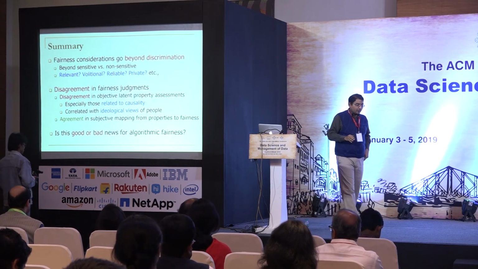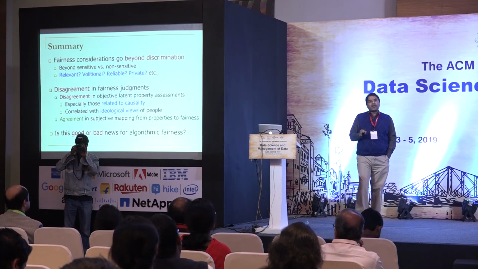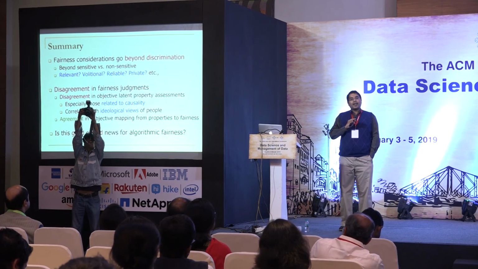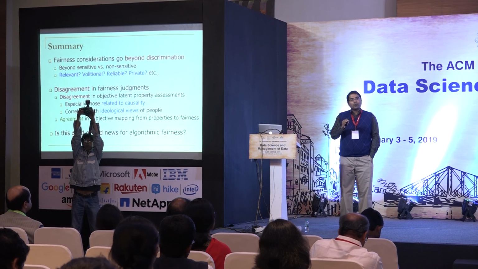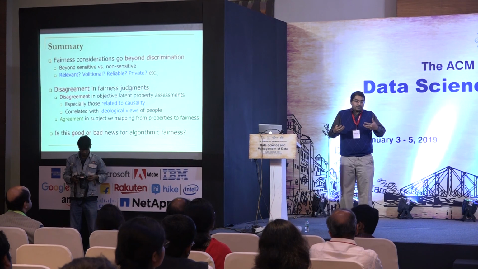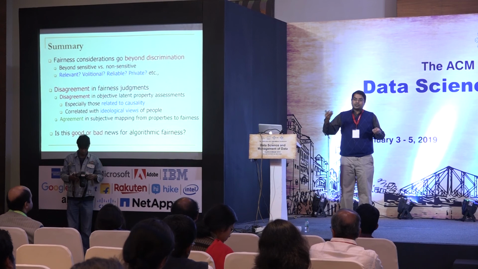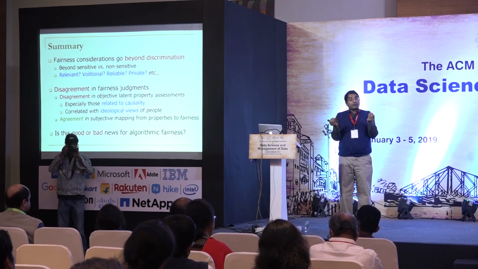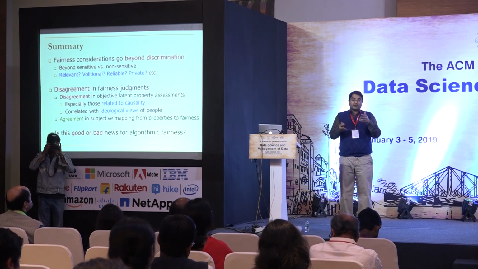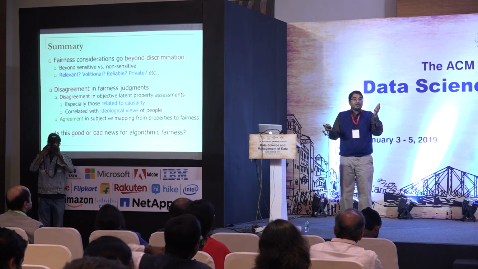Now, I'm going to conclude with just a comment on whether this is good or bad news for algorithmic fairness. And I'm still confused about how to interpret this. In one sense, it is good news because what we thought might have been subjective moral reasoning, meaning two different people might place more emphasis on certain latent properties versus another, but there is surprising agreement over there, which means that if you had enough data, maybe you can resolve the conflict on the causal relationships by actually inferring causality from data.